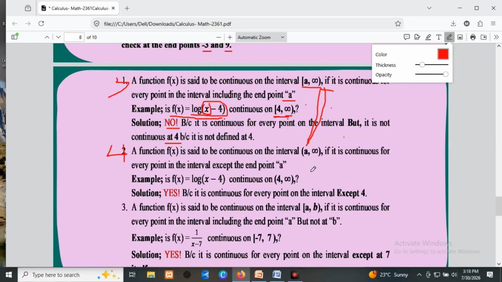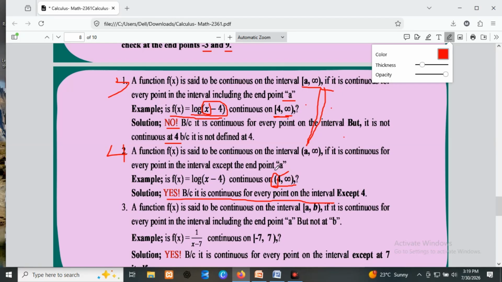Let's check the example. Is f of x equals log of x minus 4 continuous on the open interval from 4 up to infinity? Yes, because it is continuous for every point on the interval except 4. Why? Because this bracket tells you not to include the number 4, so don't check at 4 itself.